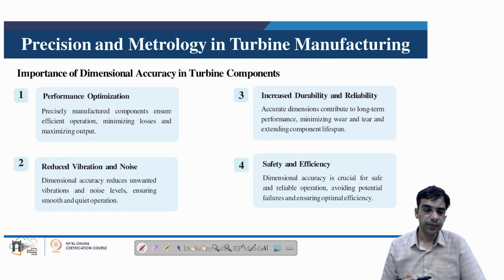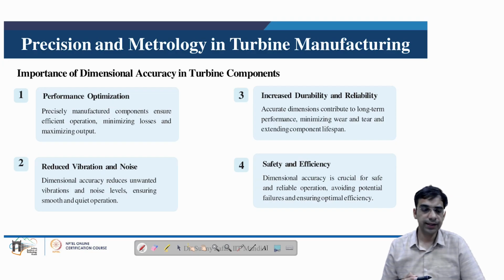So in this regard, to confirm the dimensional accuracy of turbine components, it is very important to do the performance optimization. This means the precise manufacturing of the component has to be done to ensure efficient operation with minimum losses and maximum output.